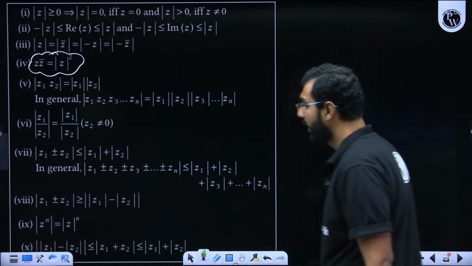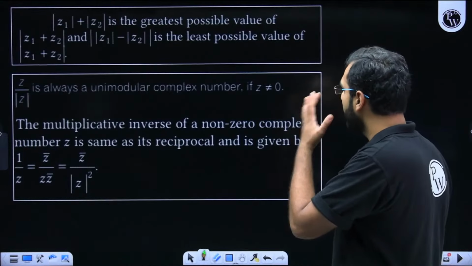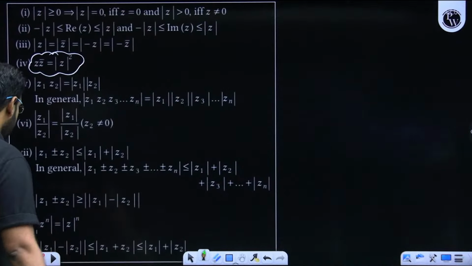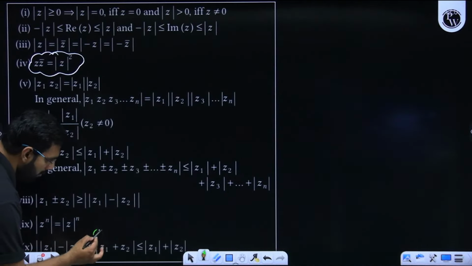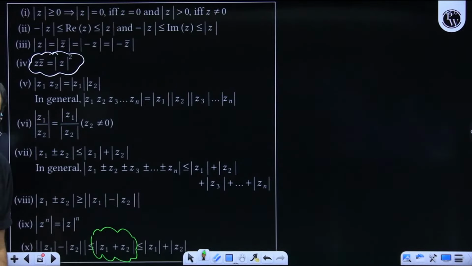But if you wish to split it over addition or subtraction, there comes the triangle inequality. And what is that? Pay attention to this part, it is one of the most crucial parts.